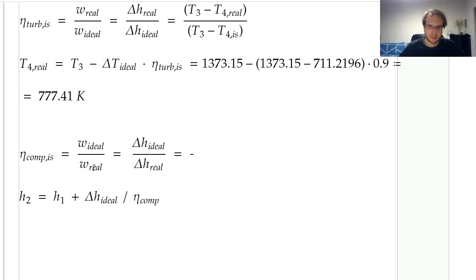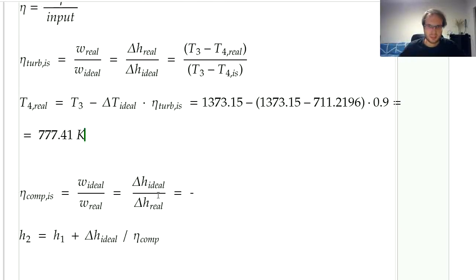A very similar approach applies at the compressor, where the efficiency of the compressor was defined as the ideal work divided by the real work, because the ideal work is smaller than the necessary work to use in the compressor. In terms of enthalpies, it was the difference in ideal enthalpy over the difference in real enthalpy, and basically the same way it can be expressed for a perfect gas as Cp times the difference in temperature.